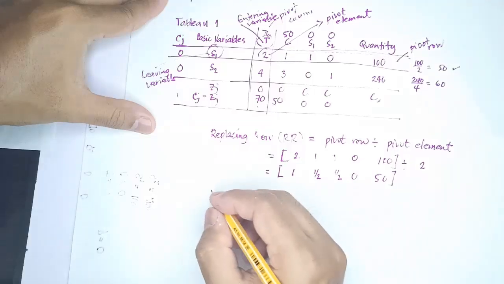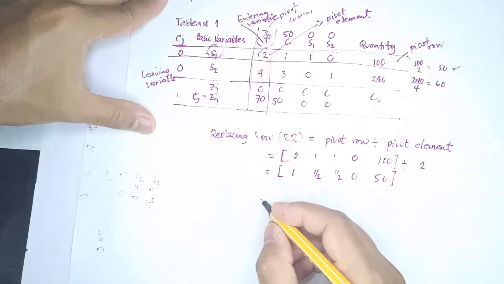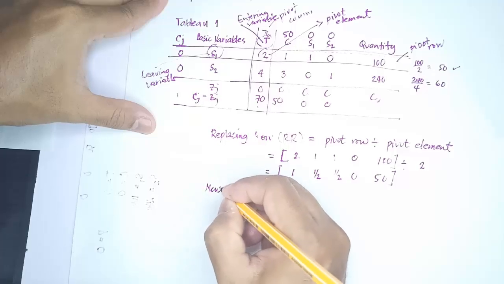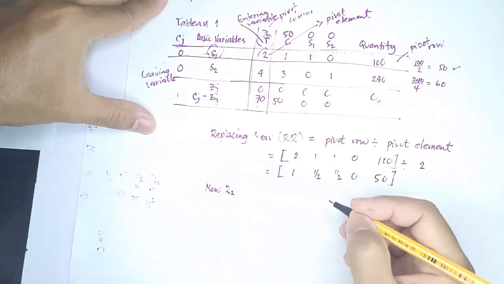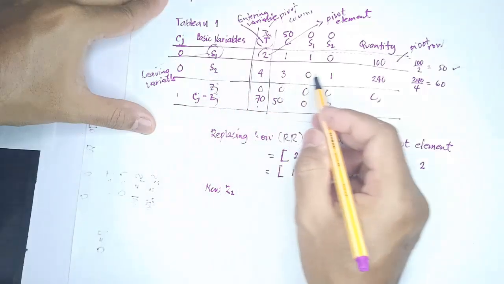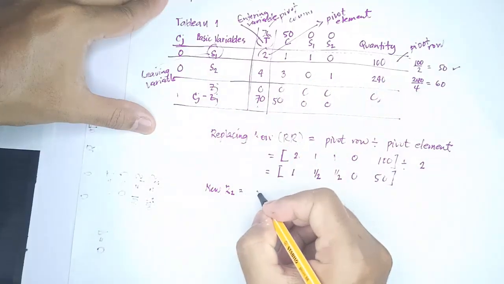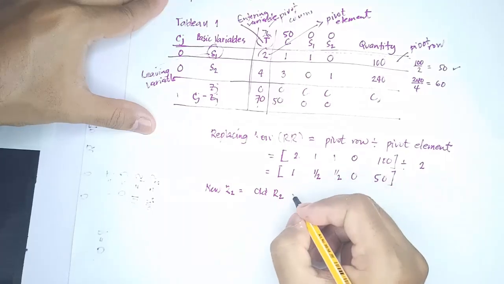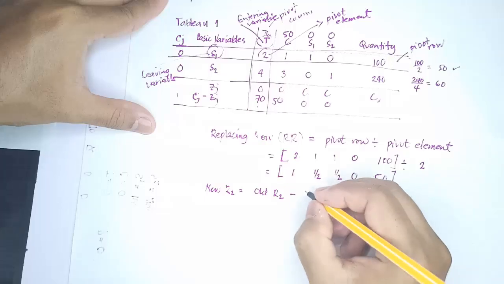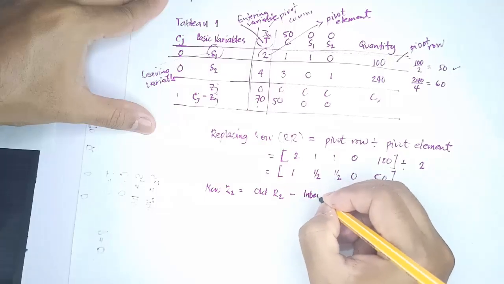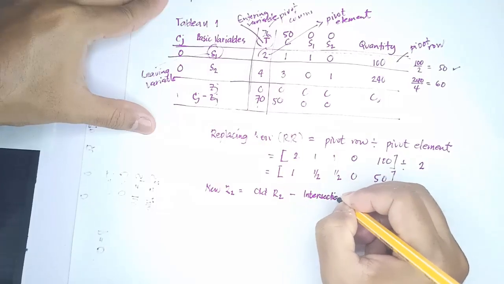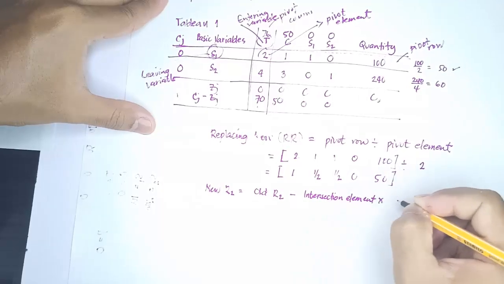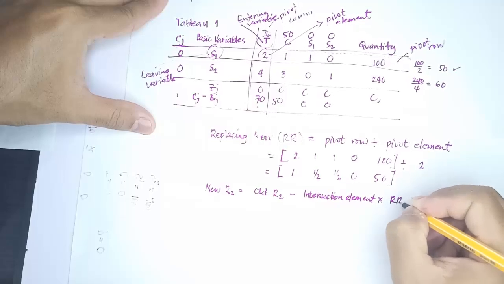For the other rows, the entries for the new rows, for instance new R2, which pertains to this row, is equal to the elements of the old row 2 minus the intersection element times the replacing row.